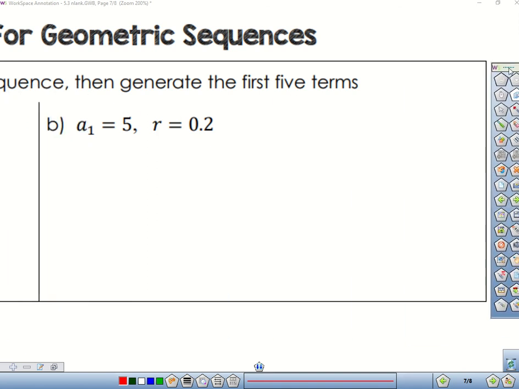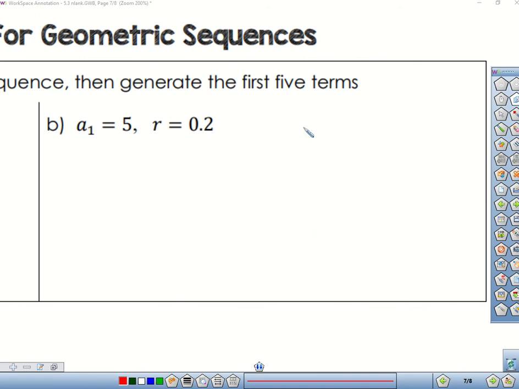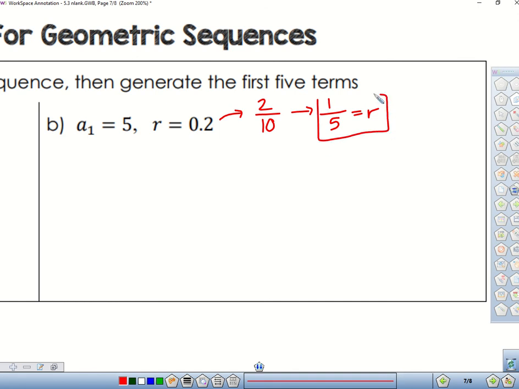Just keep in mind that answers can be written differently on tests. So 0.2 is the same thing as 2 over 10, which is the same thing as what? 1/5. So I'm going to use 1/5 as my common ratio, which is the same thing as 0.2. If you do 1 divided by 5 in your calculator, I promise it is 0.2.